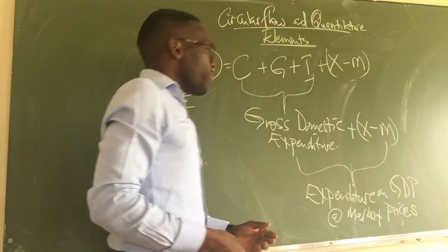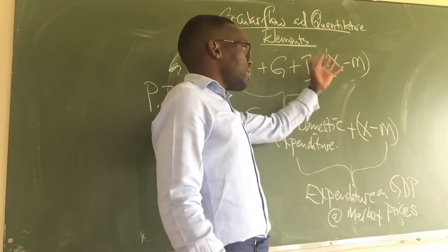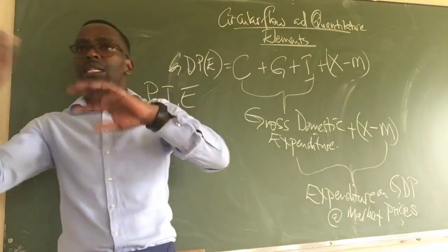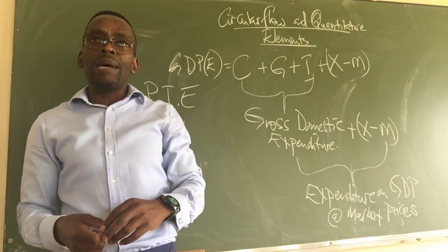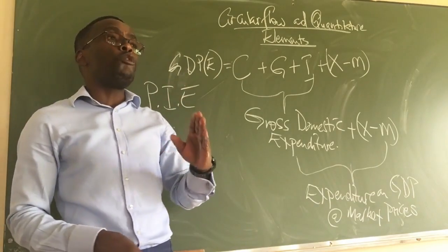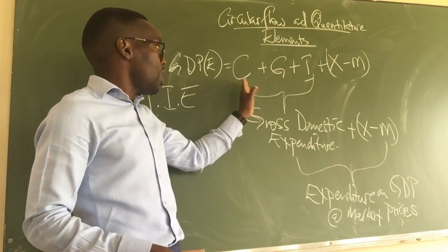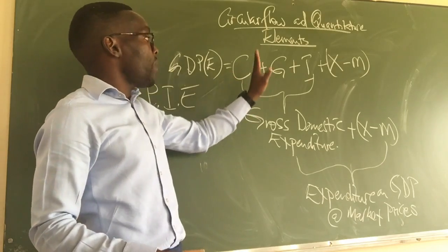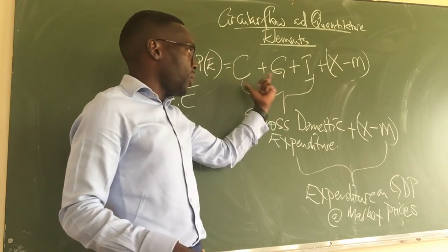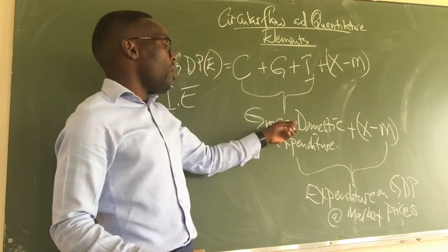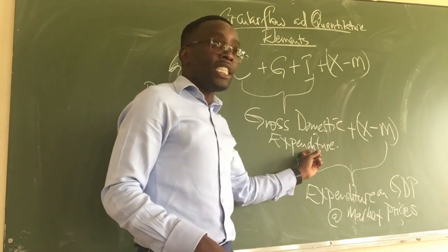In the exam, you are probably given certain figures and certain figures are missing, and you are told to calculate those missing figures. You should understand that the formula for calculating our gross domestic expenditure is C plus G plus I, and the answer we get when we add these three components is our gross domestic expenditure.